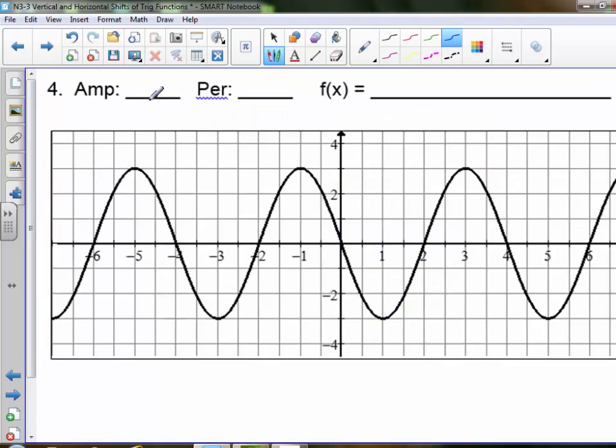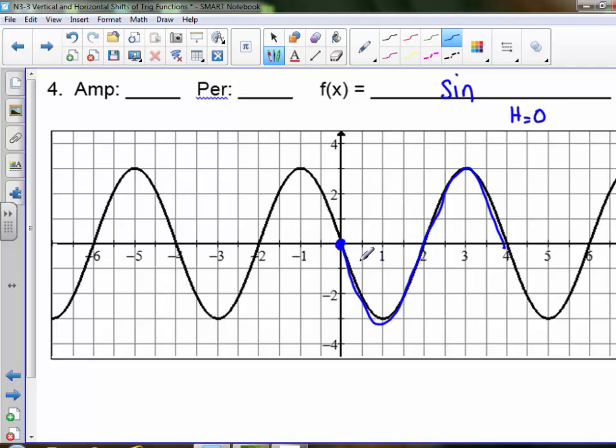Okay, on number 4, go through the same process. First we need to decide, are we going to call this a sine graph or a cosine graph? Again, I go to the origin, and I notice that from the origin I have a sine graph. So I'm going to use sine. Since I did not shift from the origin, that means my H value is 0.